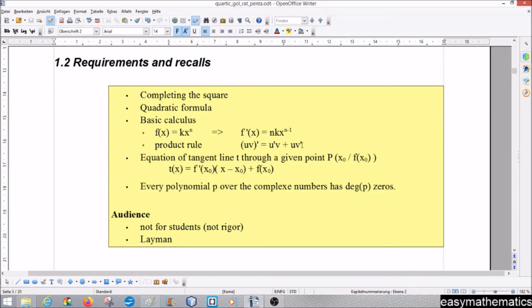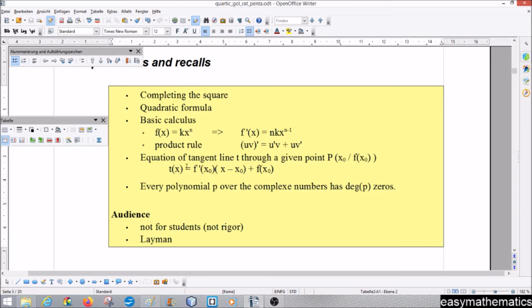Then the product rule is important, and of course the equation of a tangent line through a given point P. And then we should know that every polynomial over the complex numbers has as many zeros as its degree.